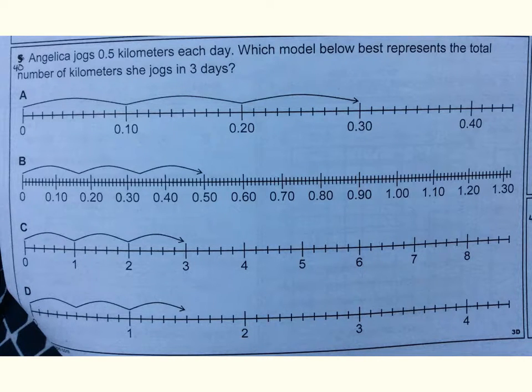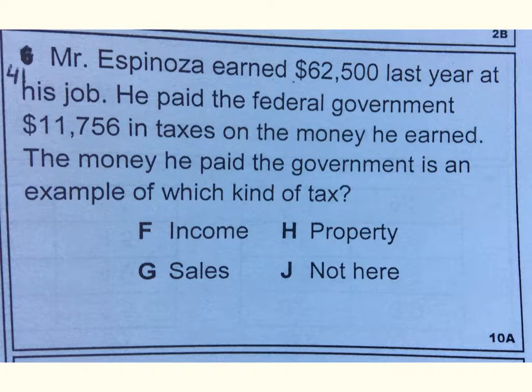Number 40. Angelica jogs 0.5 kilometers each day. Which model best represents the total number of kilometers she jogs in 3 days? Number 41. Mr. Espinoza earned $62,500 last year at his job.